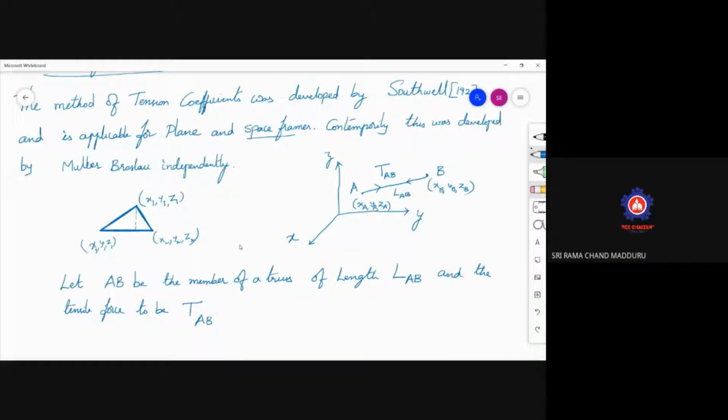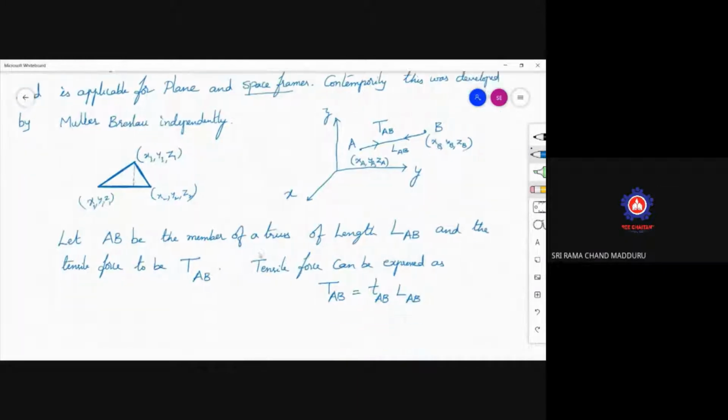Here this method initially assumes that the force in the members is tension force. So tensile force TAB can be expressed as, just understand here, small tAB into LAB. I will explain what is meant by small tAB.